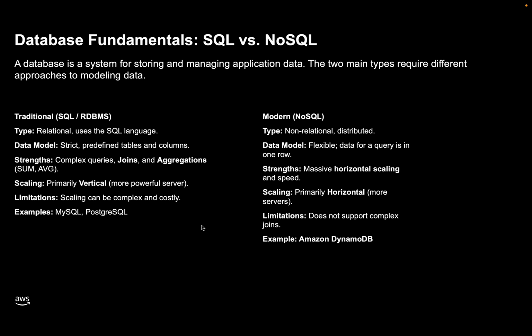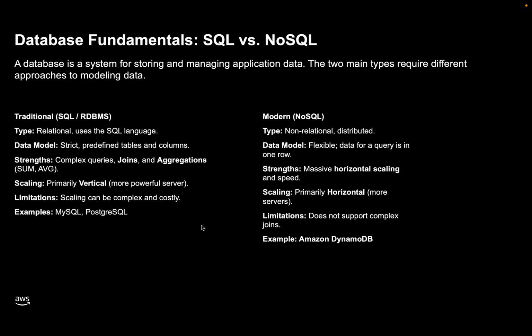The biggest strengths of the traditional database are complex queries, joins, and aggregations like sum, average, and count. Whereas the strengths of the NoSQL database are massive horizontal scaling and speed. I mean we can increase the number of WCU and RCU by horizontal scaling, which ultimately increases the speed of the database, in terms of writing or reading.